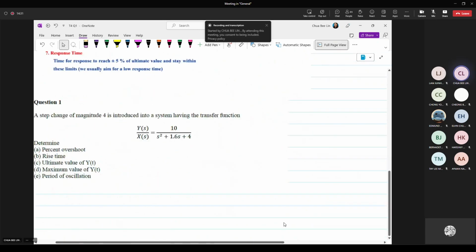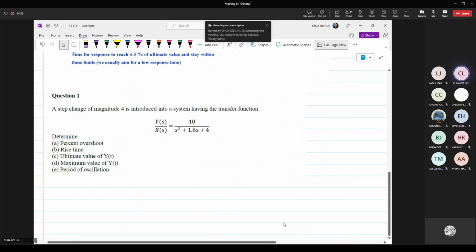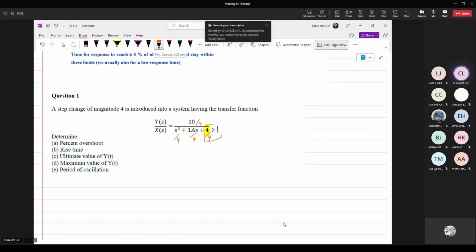Okay, now we can try the first question where we utilize the formula given as above. So this one, as I mentioned earlier, has to be equal to 1. So what you need to do is divide the whole thing by 4. So remember to change this equal to 1. Once you change this, you should be able to get a new, different transfer function.